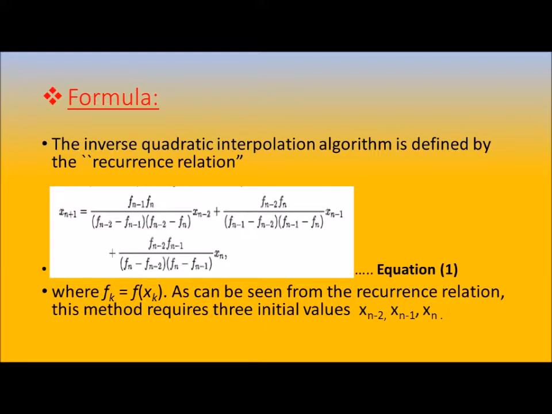The formula for the new root estimate is x_{n+1} = [f_{n-1} f_n / ((f_{n-2} - f_{n-1})(f_{n-2} - f_n))] x_{n-2} + [f_{n-2} f_n / ((f_{n-1} - f_{n-2})(f_{n-1} - f_n))] x_{n-1} + [f_{n-2} f_{n-1} / ((f_n - f_{n-2})(f_n - f_{n-1}))] x_n. Here x_{n-2}, x_{n-1} and x_n are the three initial values for this method, and we are using f_k = f(x_k).